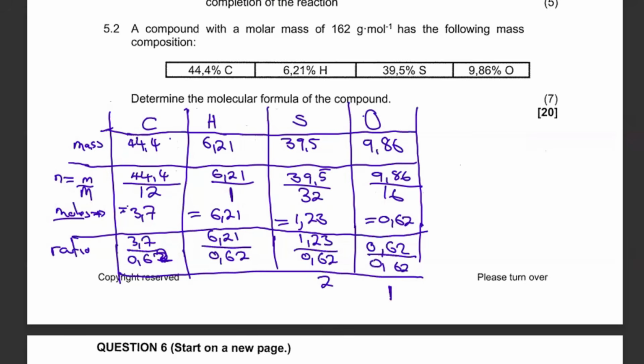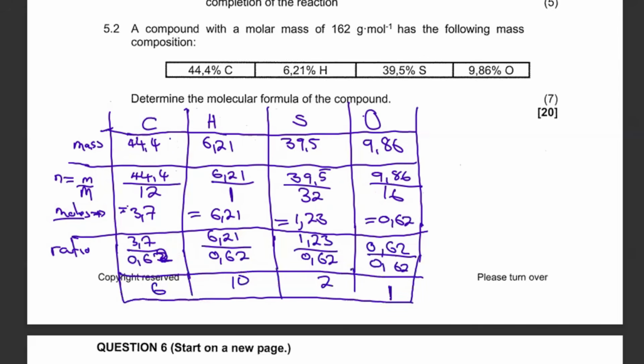Then 6.21 divided by 0.62 gives us 10. Then 3.7 divided by 0.62 gives 5.96, which can be converted to 6. So this is the simplest ratio that we have there.